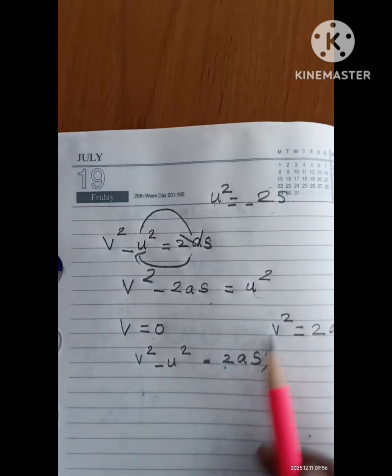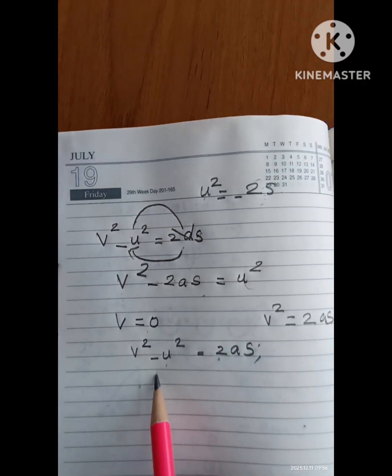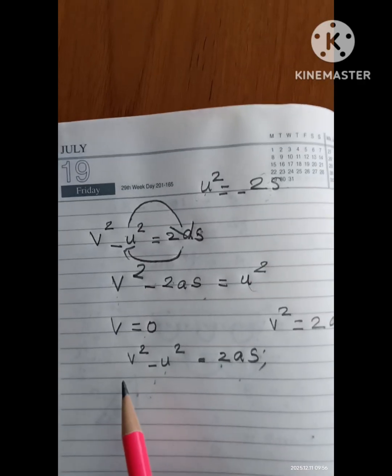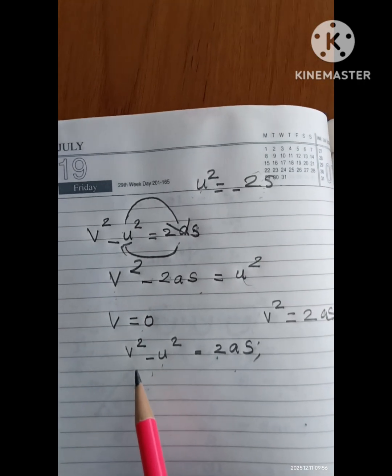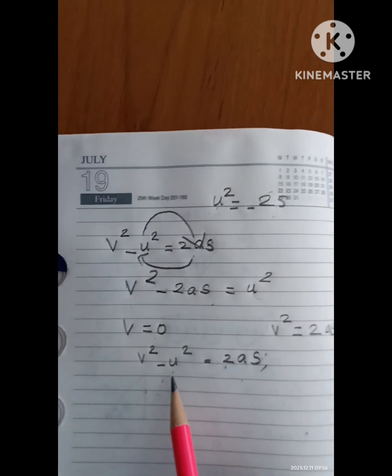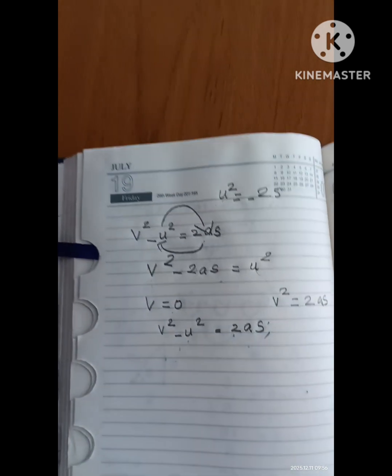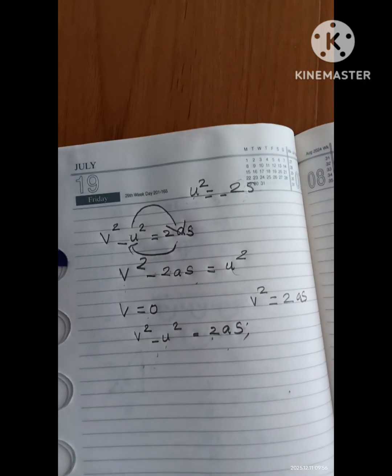That means, what is the value of u? 0. So here u represents initial velocity. So what is the value of initial velocity? 0. Just check the options. Is there any option 0 meter per second? Good, option 4. So for the 8th question, what is the correct answer? Option 4. Good, my dear.